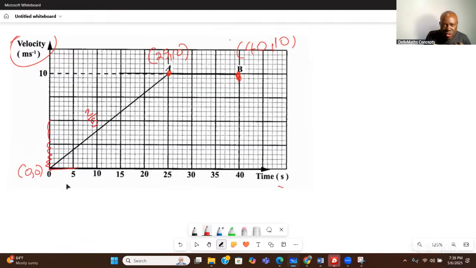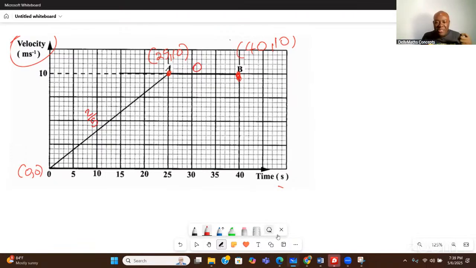So you go up 2 per 5 seconds, another 2 per 5 seconds, and the next 2 per 5 seconds. That's the interpretation. And we realize that this is 0 here again, because we were not increasing anymore.